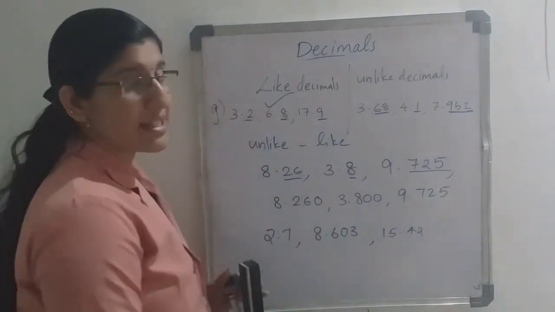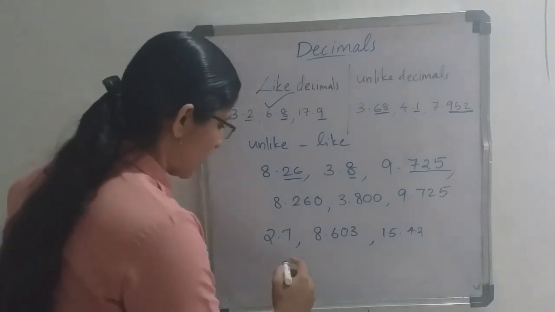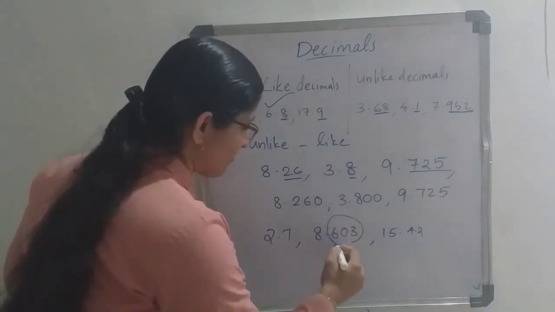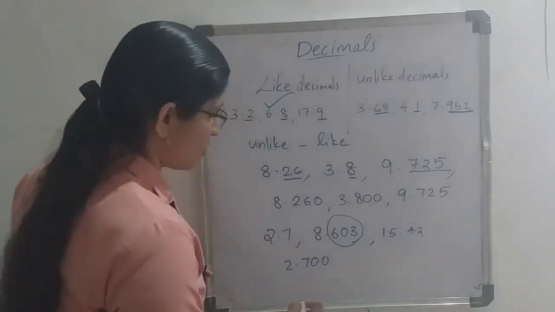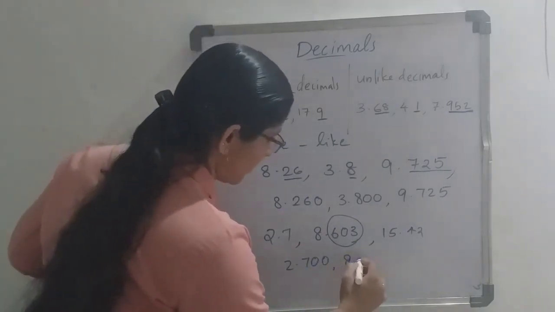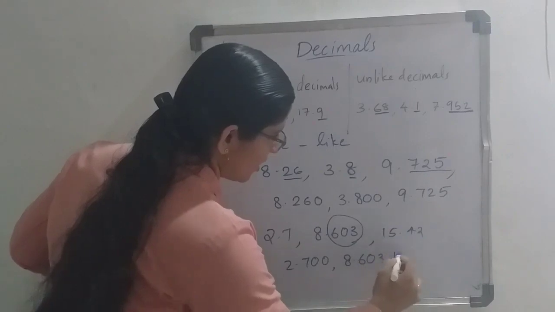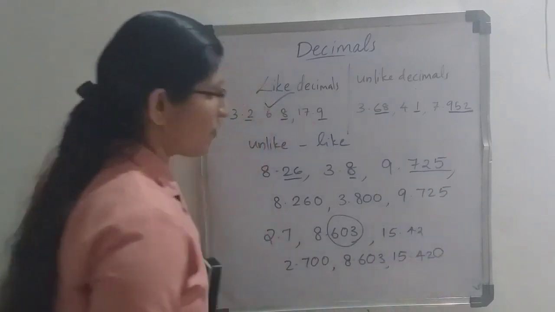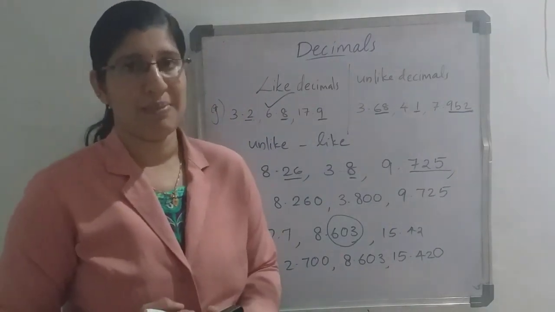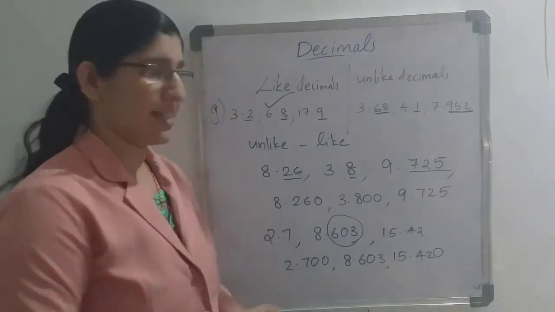We need to make these unlike decimals into like decimals. How? The maximum number of decimal places is 3. So we need to make 2.7 have 3 decimal places by putting 2 zeros. 8.603 stays the same. Next, 15.42. Only 2 decimal places, so we put 1 zero and make it 3 decimal places. Now these become like decimals.